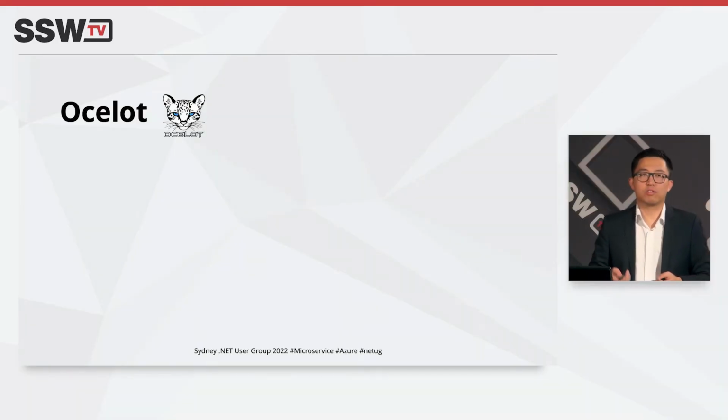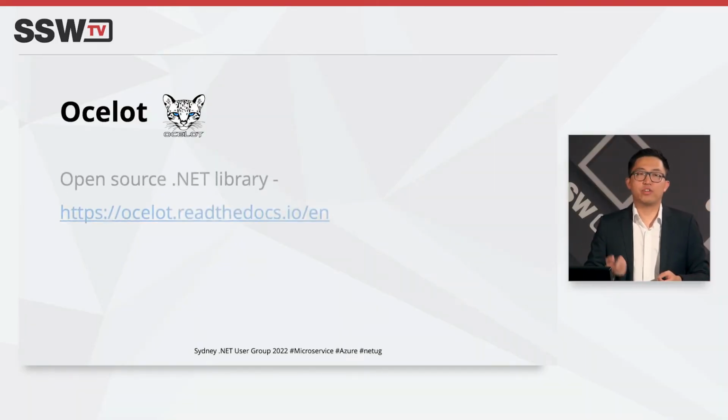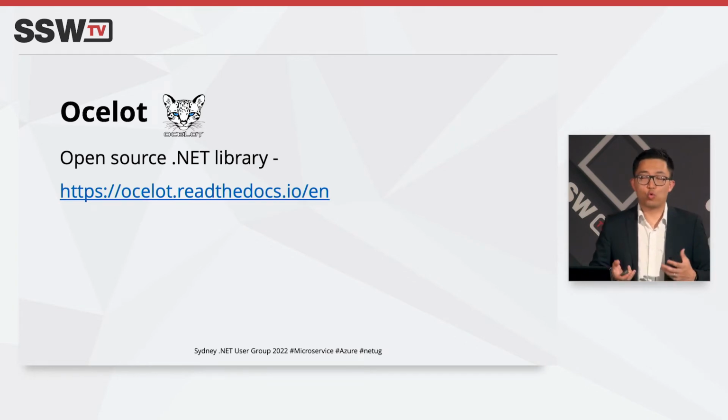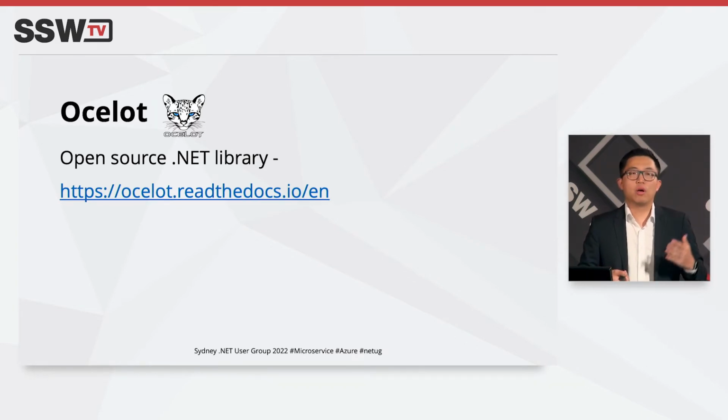Now, Ocelot is my favorite library to quickly and easily build your API gateway. First of all, it's very famous in the .NET world. It's open source, of course. And what it essentially is, is a bunch of middlewares executed in a certain order, which of course we can define.